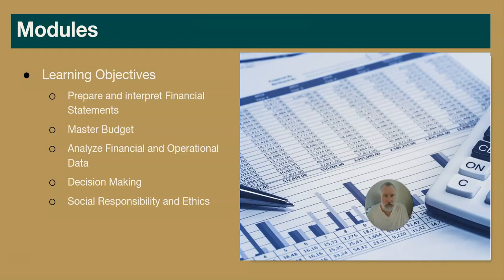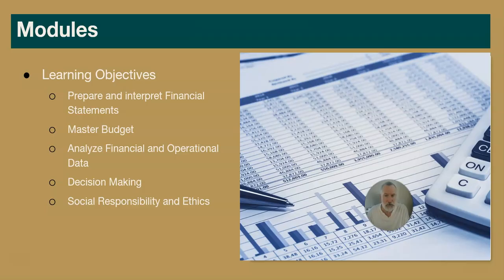What is managerial accounting? Well, in this course, an MBA student is going to be provided with the tools and framework to make informed decisions using accounting information. Unlike financial accounting, which focuses on external reporting, managerial accounting emphasizes the internal use of data to plan, control, and evaluate organizational performance.